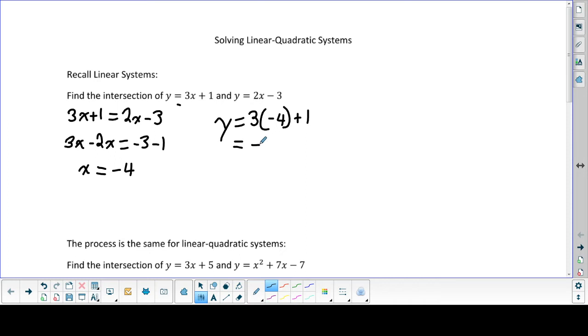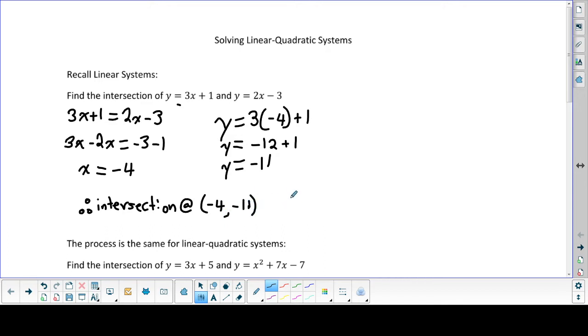That's -12 + 1 = -11, and that's our y value. So we found the intersection. Therefore, the intersection is at (-4, -11).